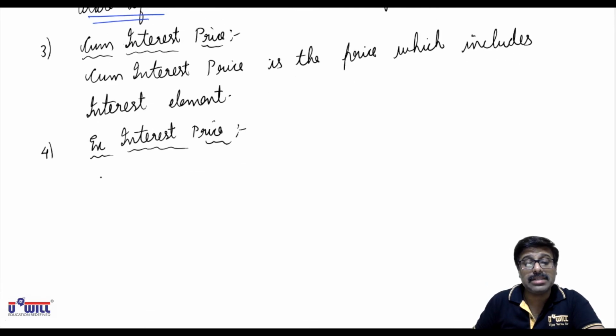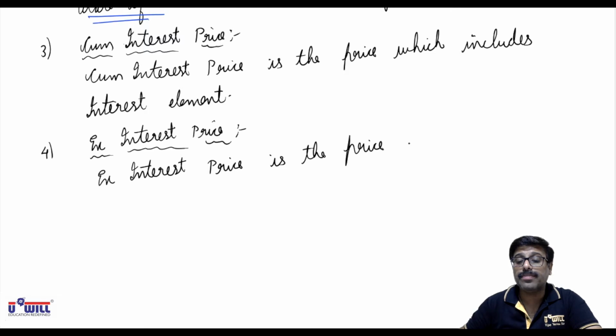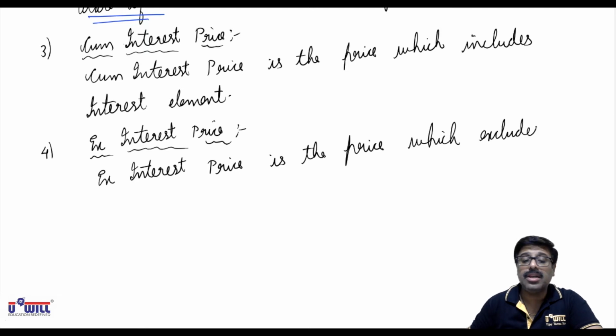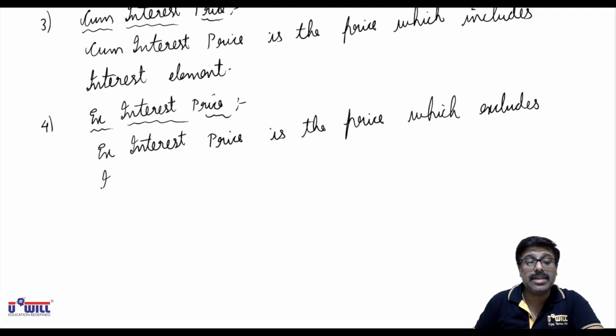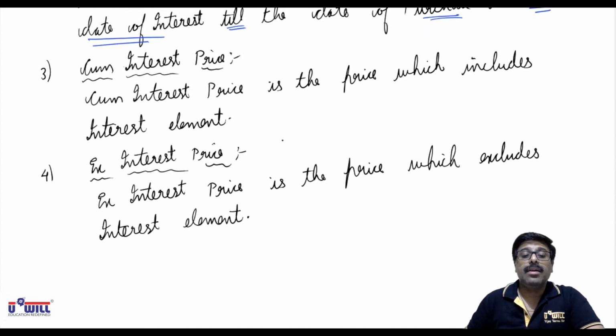As the name suggests, write down, ex interest price is the price which excludes interest element. Means it does not include interest element.